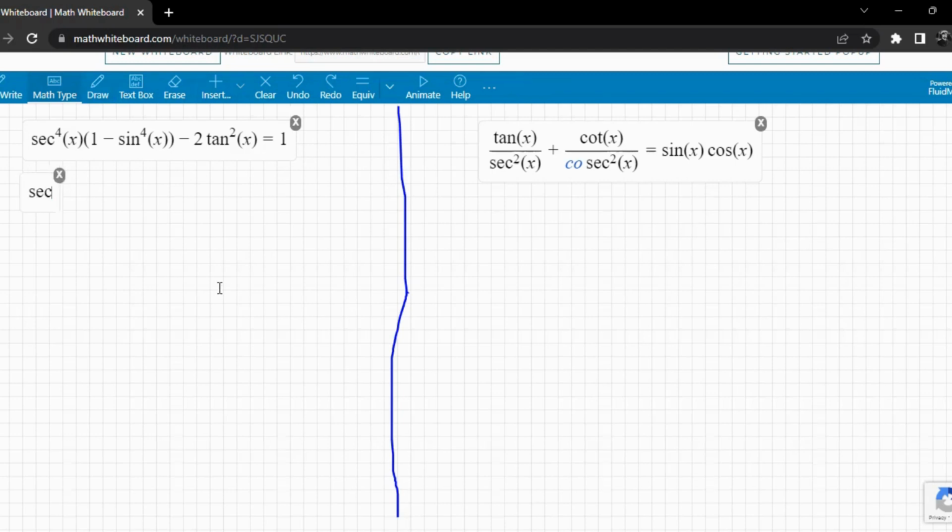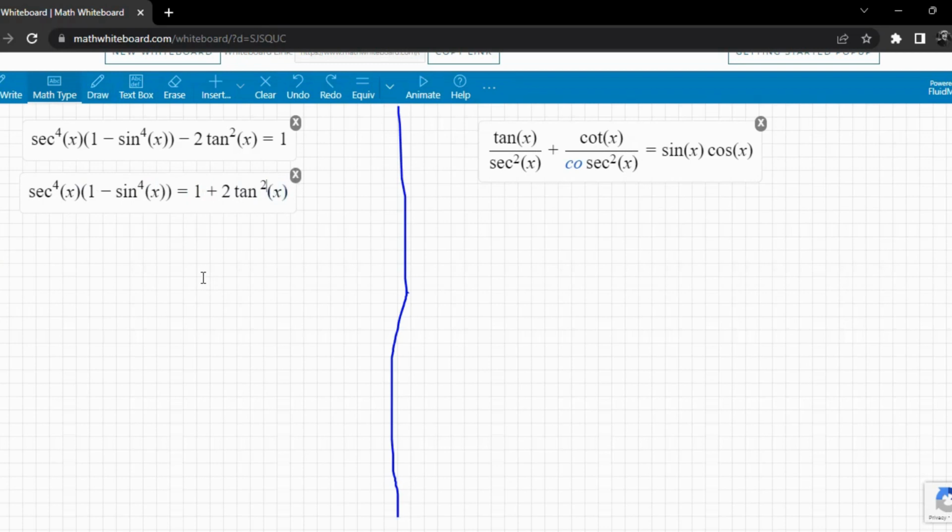So this would become secant to the power of 4x times 1 minus sine to the power of 4x equals 1 plus 2 tan square of x, right?